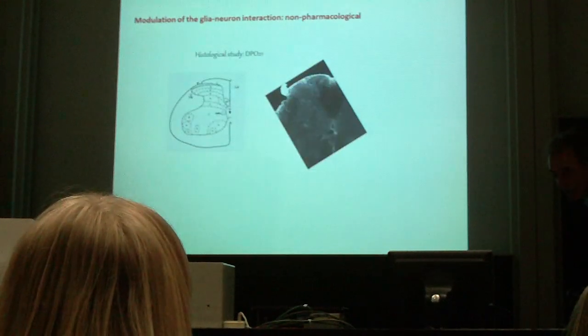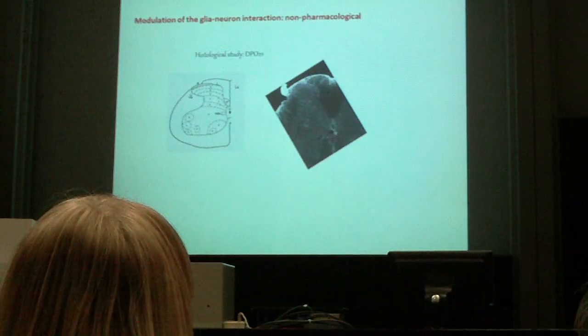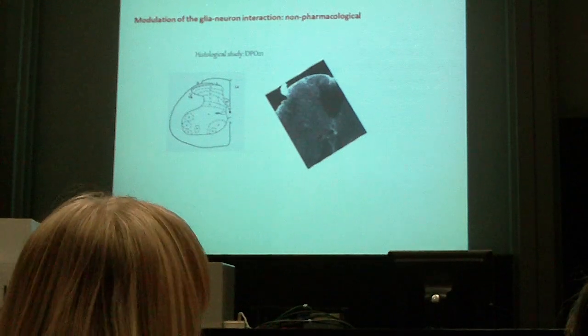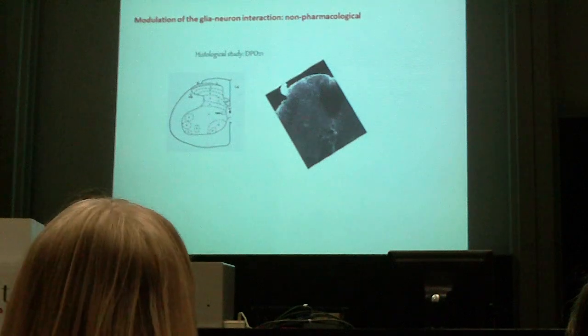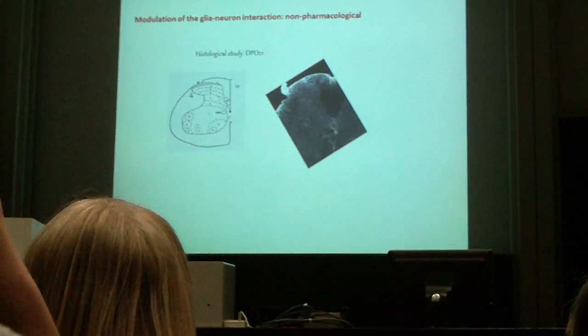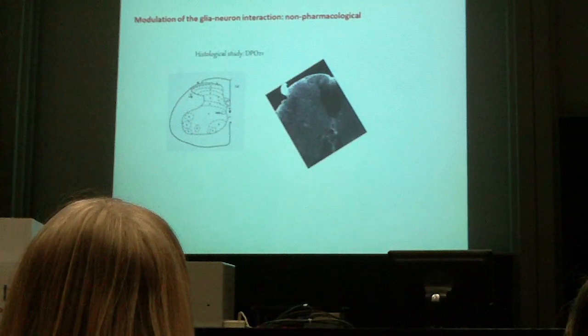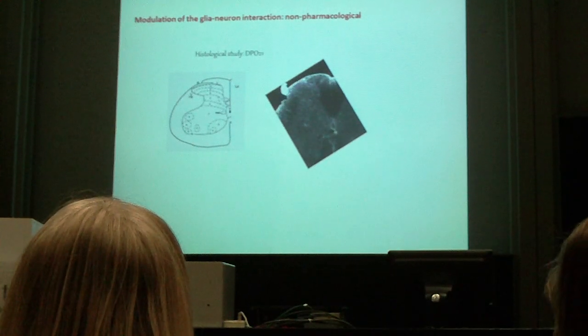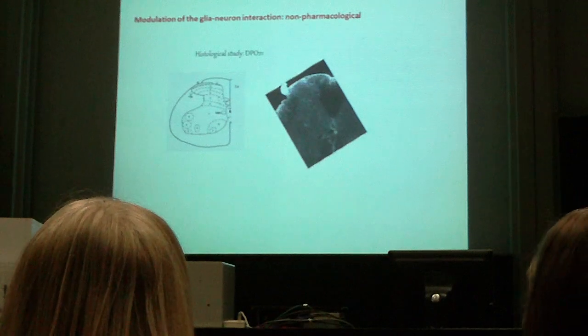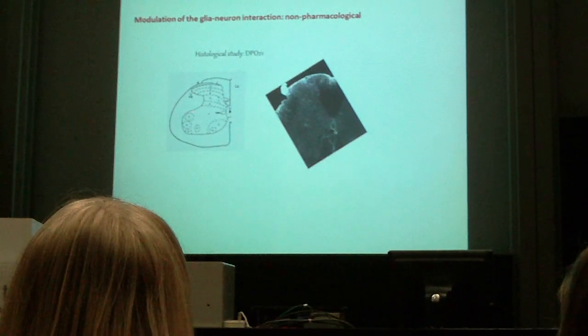And then Anne Gabriel thought, let's have a look at this immune response in the spinal dorsal horn. Let's look at the astroglial cells, because after 3 to 4 weeks, we know these astroglial cells are activated, swollen, and produce BFGF and interleukin-1B. She did a histological study at 3 weeks.